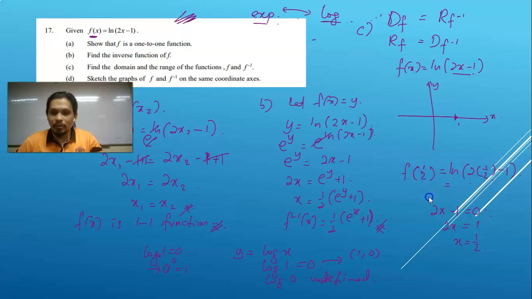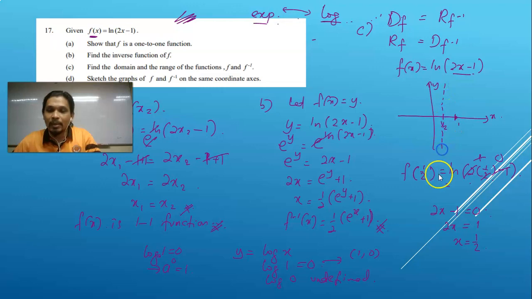Okay, 2 times half equal to 1. 1 minus 1 equal to 0. So natural log of 0 is undefined. Okay, when x equal to half the whole function is undefined, so this is what we call the vertical asymptote.